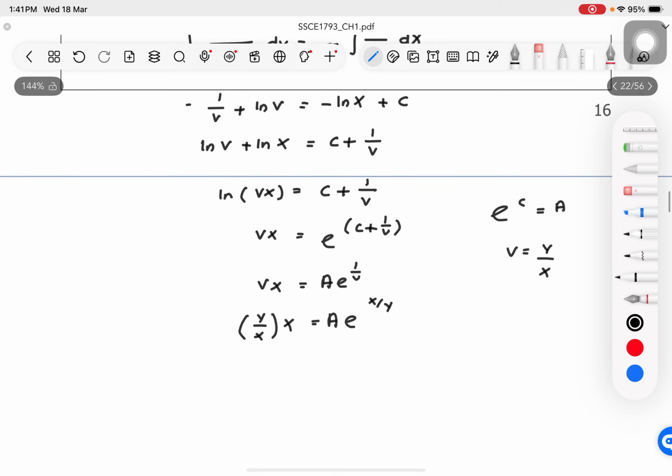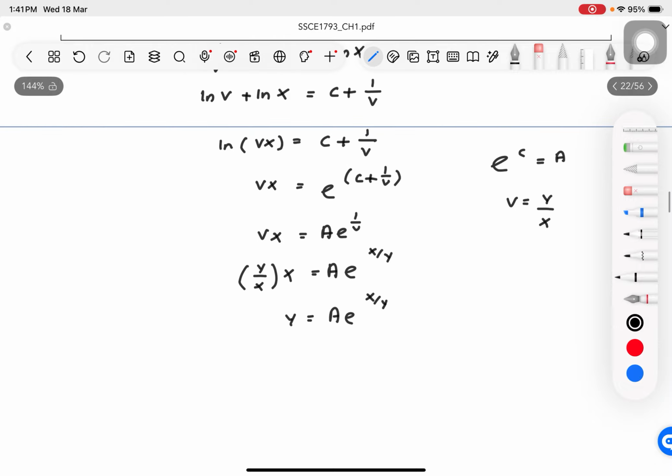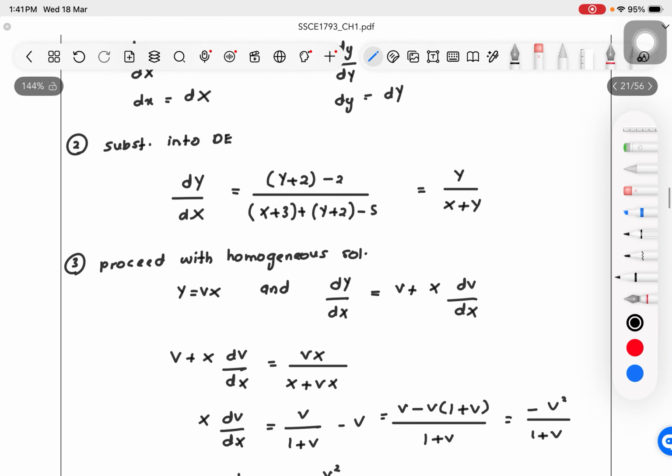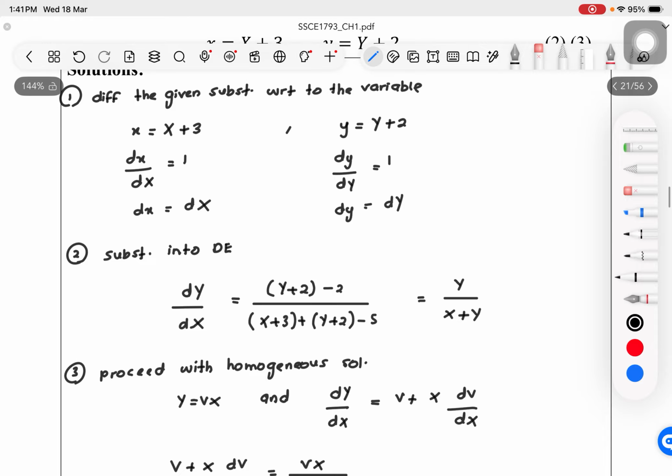Okay, so now make y as your subject. Y is equal to y minus 2 here, so we substitute back.